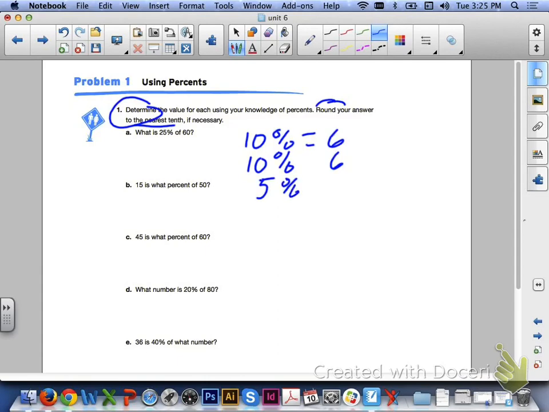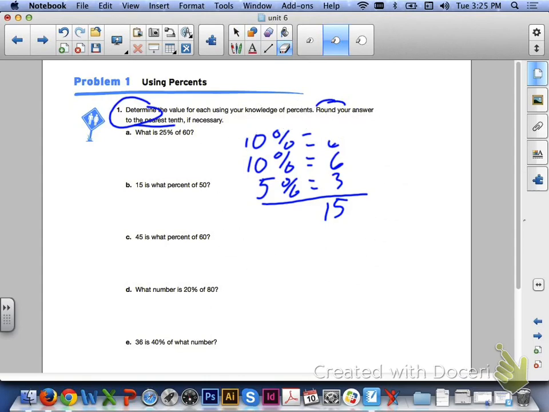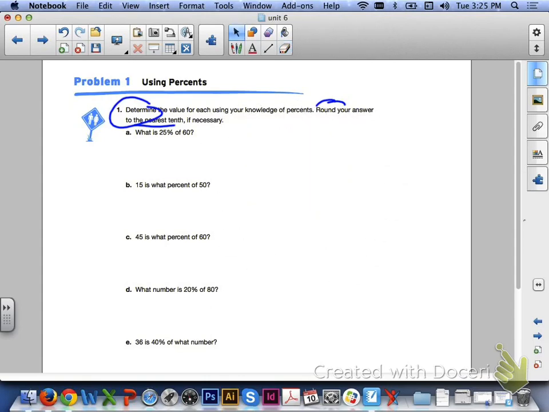Now remember, 5% is half of 10%. So half of 6 would equal 3. So if I add this again, 12 plus 3 equals 15. So that is one way to solve that problem. So there's two ways right there.